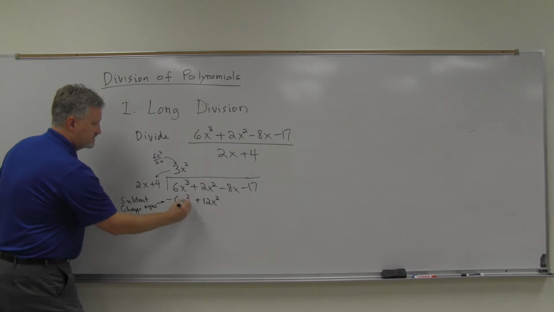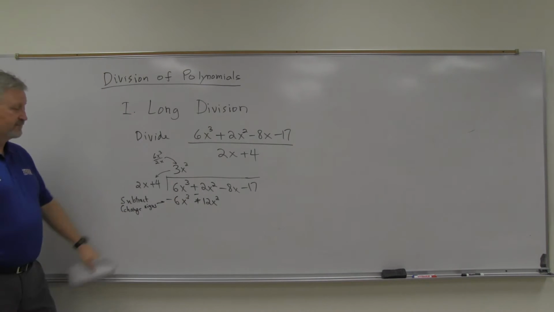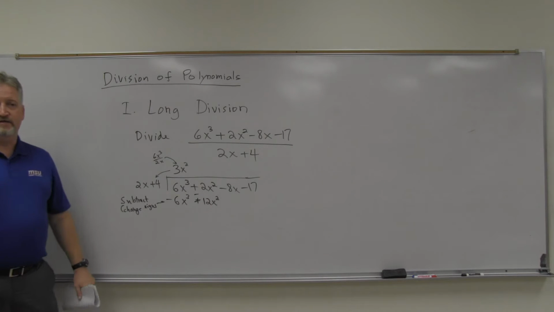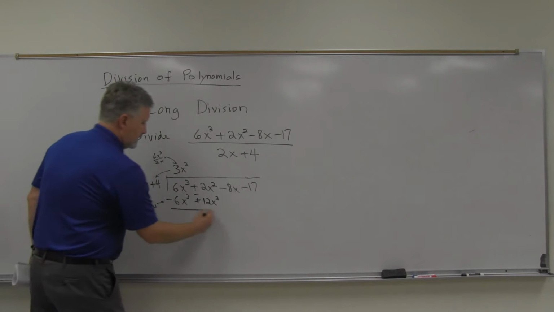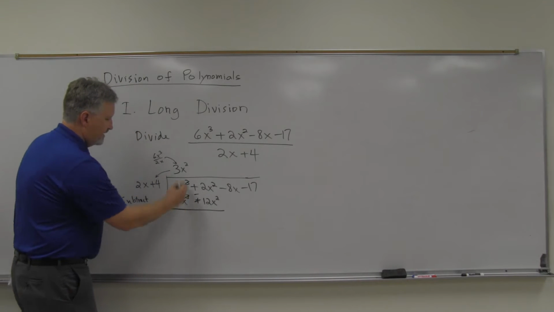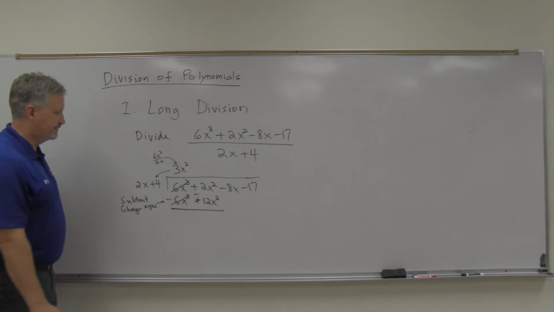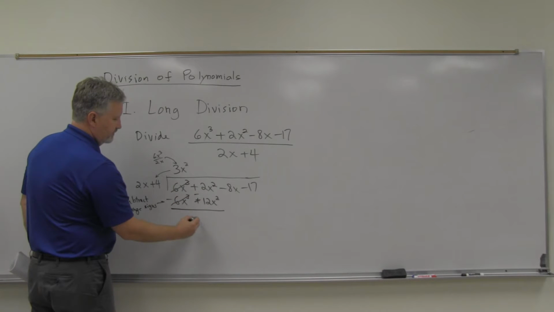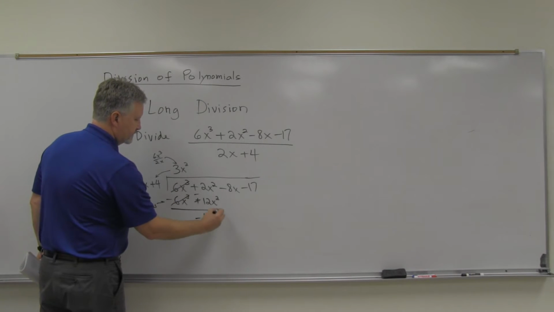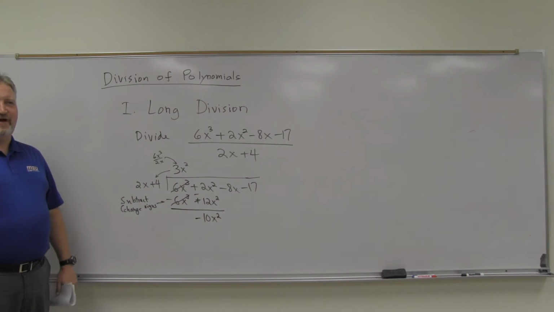So the next step here is change those signs. Make that a minus and make that a minus. And then if you did it right, those two terms should go out, because that's 0x cubed. 2x squared minus 12x squared is negative 10x squared. So that's the first part.